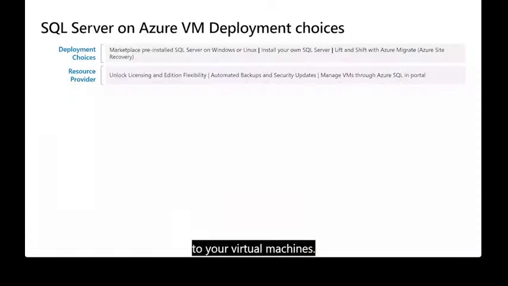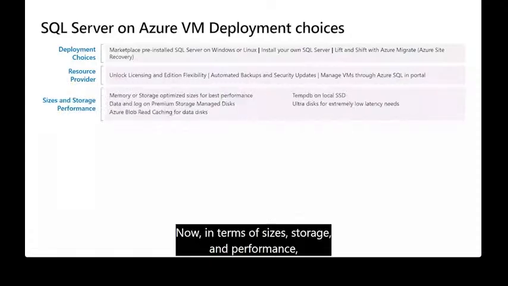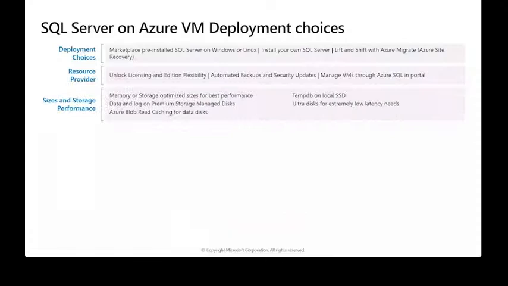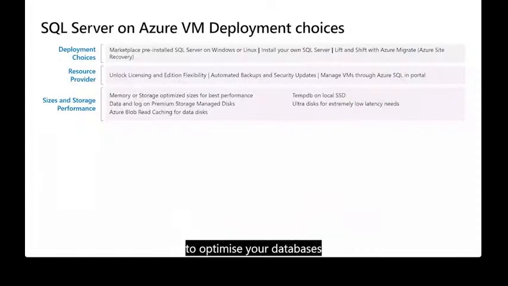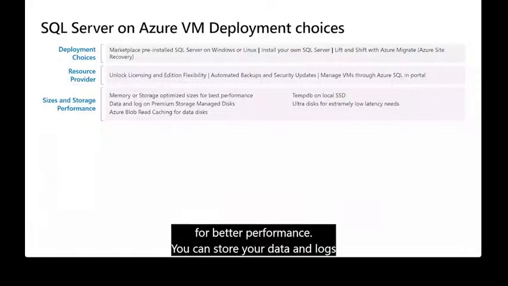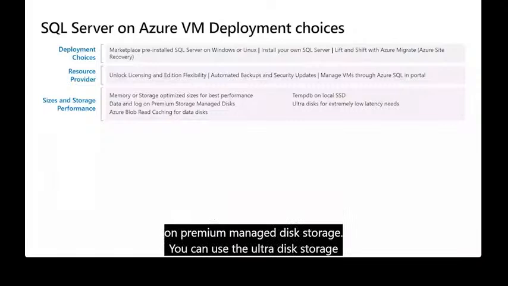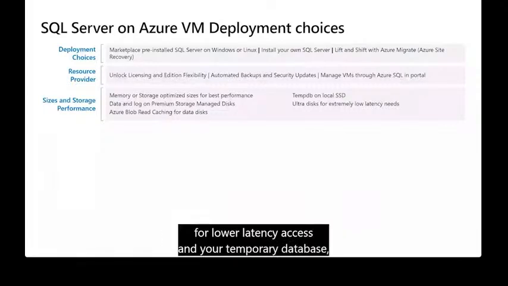Now, in terms of sizes, storage, and performance, you get to choose between memory or storage options to optimize your databases for better performance. You can store your data and logs on premium managed disk storage. You can use ultra disk storage for low latency access, and your temporary database can actually be stored on local solid-state drive disks.